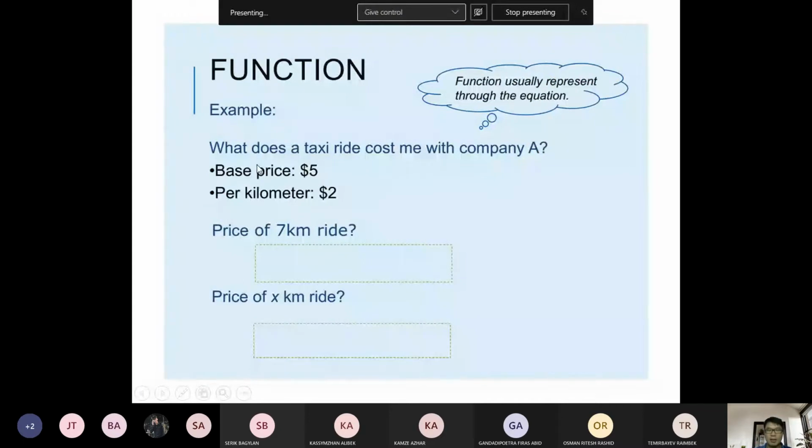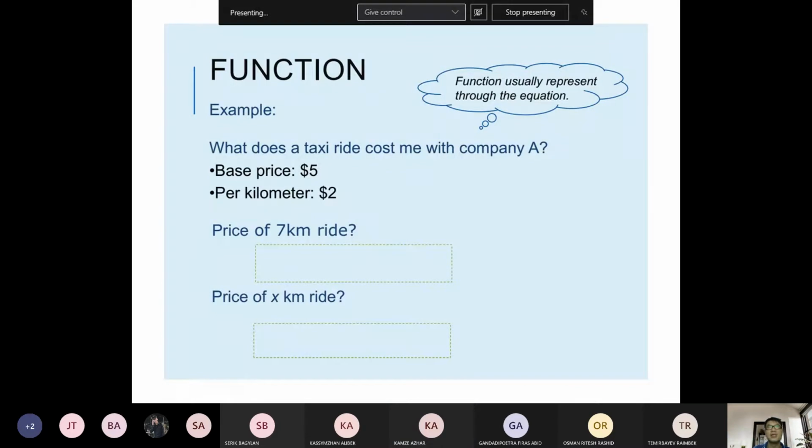Now let's take an example to understand this better. Did you ever take a taxi before? Do you have the experience of taking a taxi ride? Okay, when we take a taxi, we have the base price, which is the price we pay once we get on the taxi.